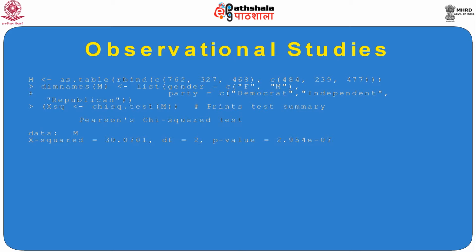When we apply chisq.test, we get a chi-square value of 30.07 with 2 degrees of freedom, a highly significant p-value of 2.954 times 10 to the power minus 7. So it says that the numbers of males and females belonging to the Democratic, Independent and Republican parties have a highly significant difference. This example is cited from our exercise.